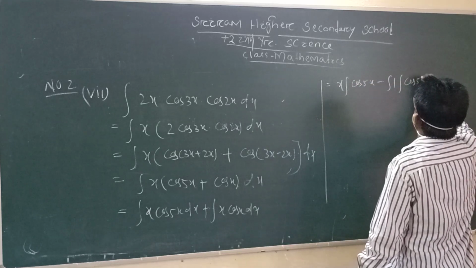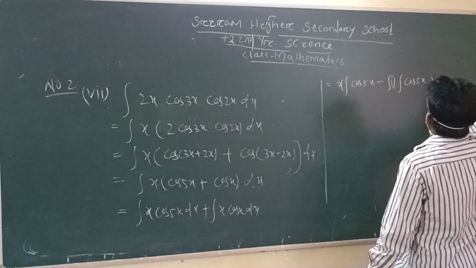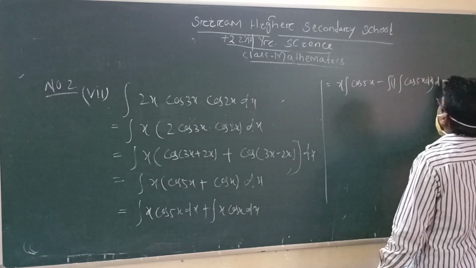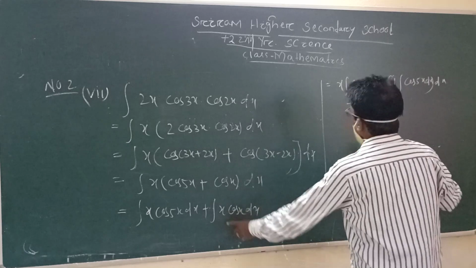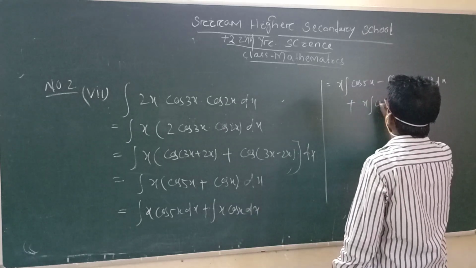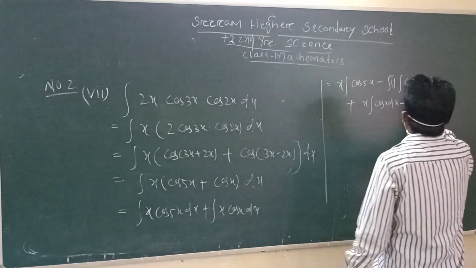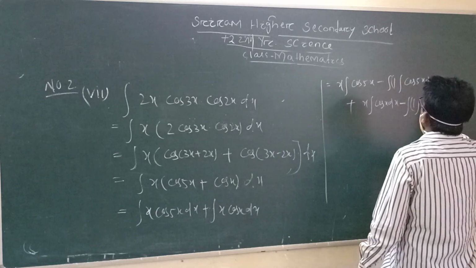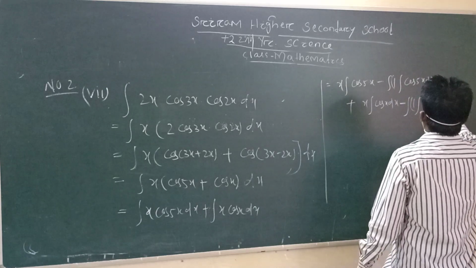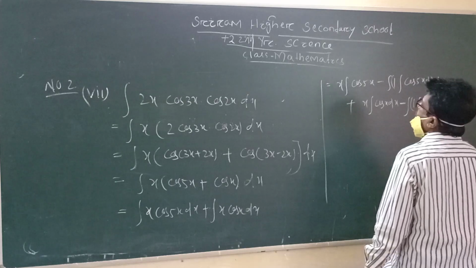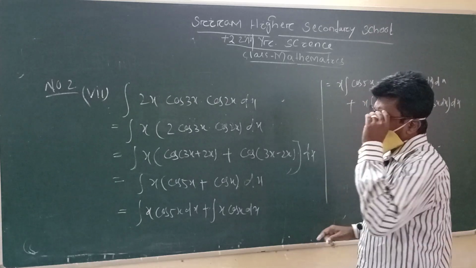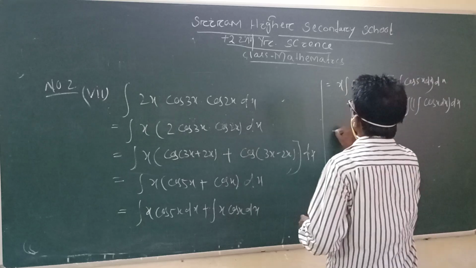So x is a constant, integration of cos 5x minus derivative of x is equal to 1, integration of cos of 5x dx whole dx. Then plus x is a constant, integration of cos x dx minus derivative of x is equal to 1, integration of cos x dx whole dx. Where integration of cos 5x is equal to sin 5x by 5.